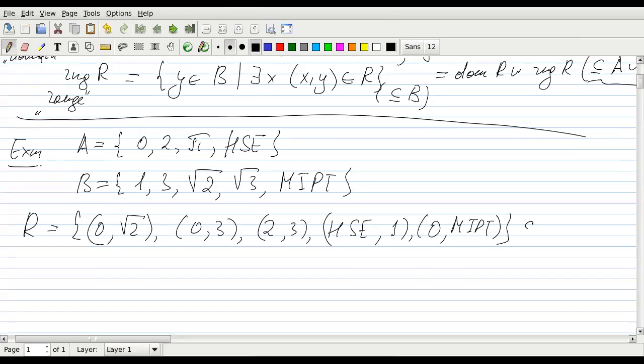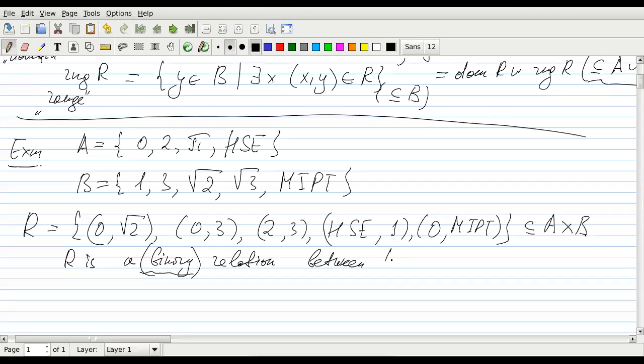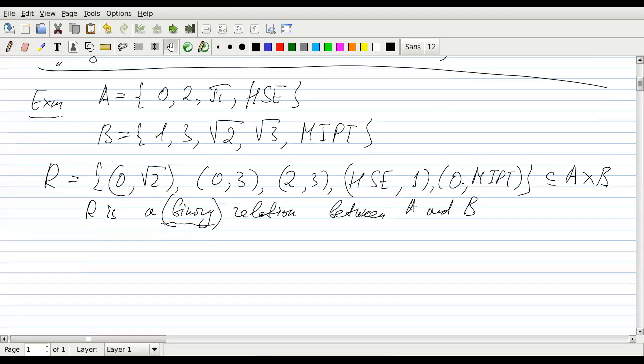Okay, is it clear that this set is a subset of A times B? Yes. So it is a binary relation. I will omit this word binary in the nearest future, I don't want to consider any other relations. So R is a relation between A and B.